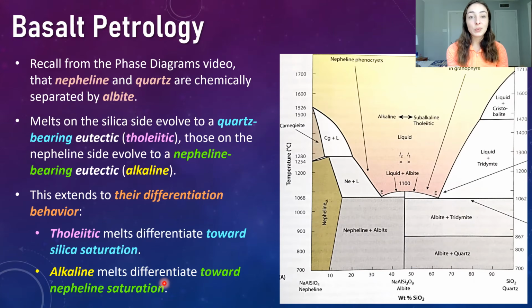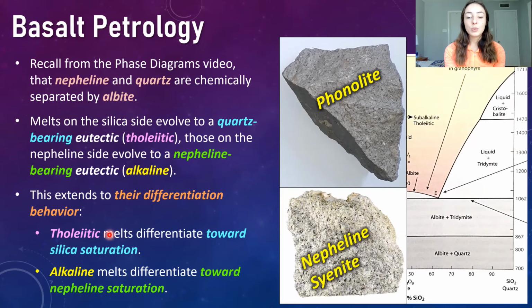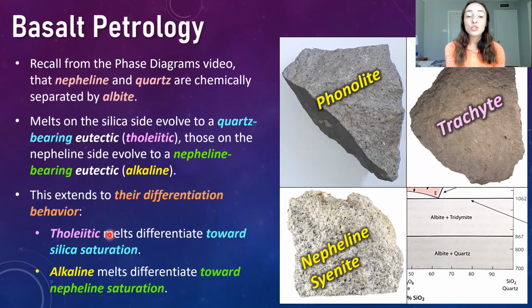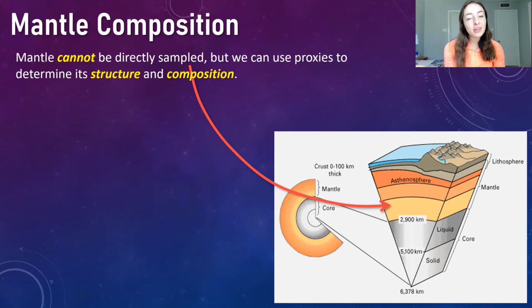And the rocks that result from alkaline and tholeiitic melts respectively are phonolite, which is the alkaline extrusive rock, as well as its intrusive equivalent nepheline syenite, and trachyte, which is the extrusive tholeiitic rock here, and its intrusive equivalent syenite. The ones on the left here contain nepheline and no quartz, and the ones on the right contain quartz and no nepheline.